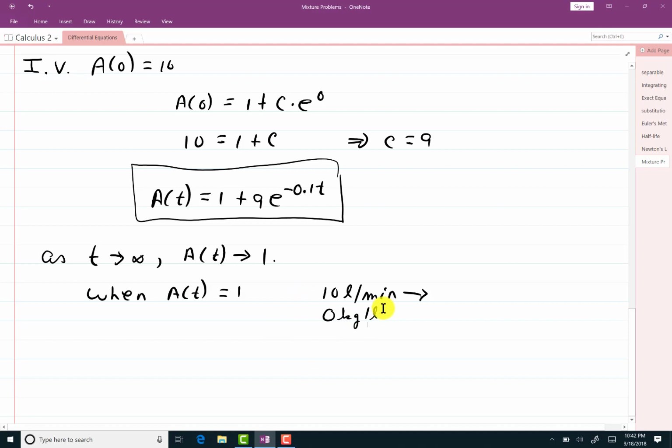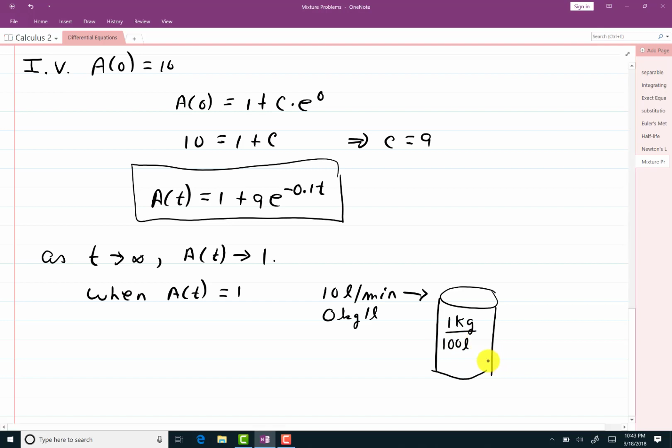You've got fresh water going in, but then the outflow, well, what do you have in the outflow? Inside the tank, there's always 100 liters. Now I'm saying that A of t equals 1, so in the tank itself, let me draw a tank. I have 1 kilogram of salt, but I have 100 liters of water.